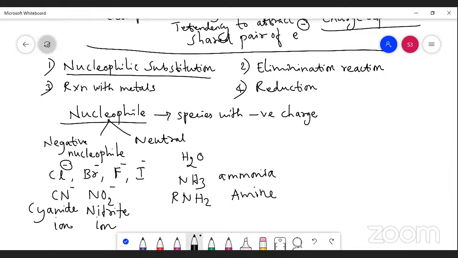Here oxygen is the more electronegative element. Oxygen carries two lone pairs of electrons, and these lone pairs act as the negative charge. In the same way, in ammonia, nitrogen carries one lone pair of electrons. In primary amines also, nitrogen carries one lone pair of electrons.